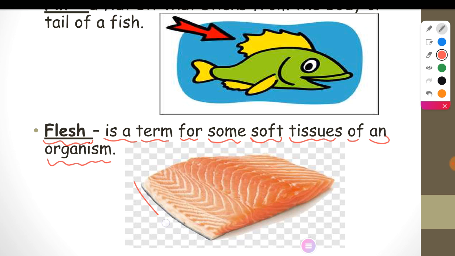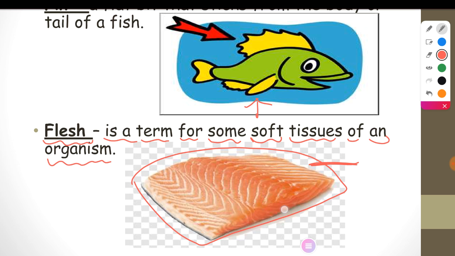In this picture, as you can see here, this is a picture of flesh. So, which animal has this kind of flesh? This flesh comes from the fish, of course.